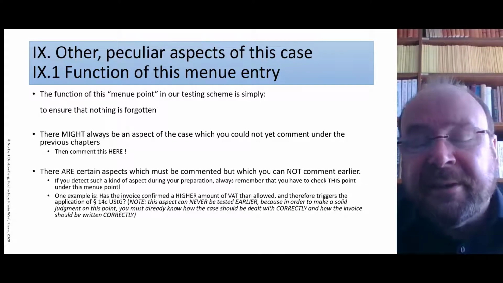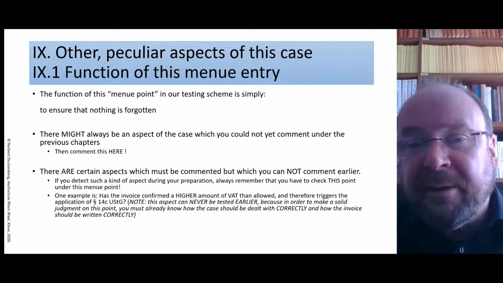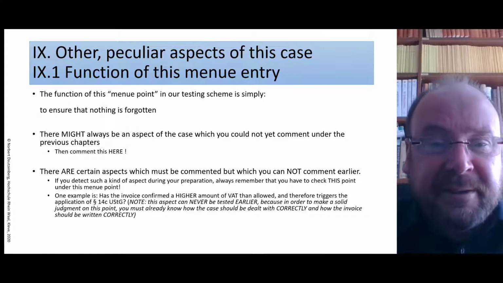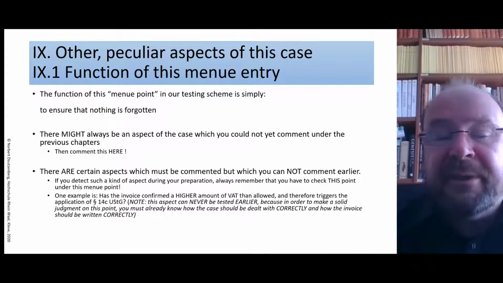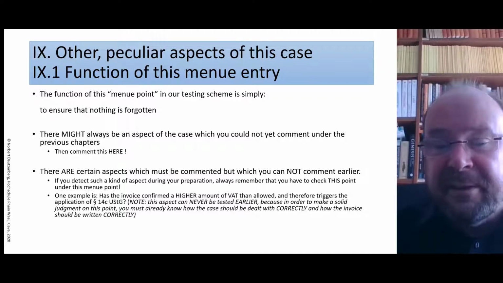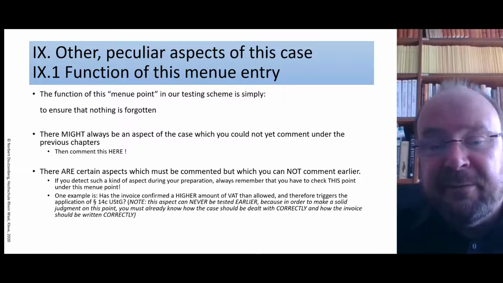And the second thing is, are there some aspects which in the testing scheme can only be placed here? The most important one is, for example, at this place: has the invoice been written out correctly, or has VAT been confirmed which is not owed by the entrepreneur?